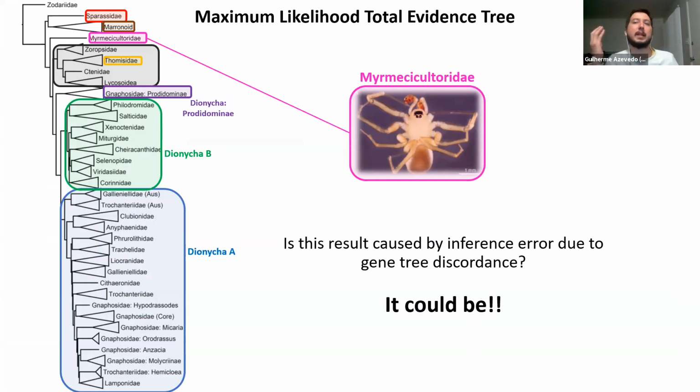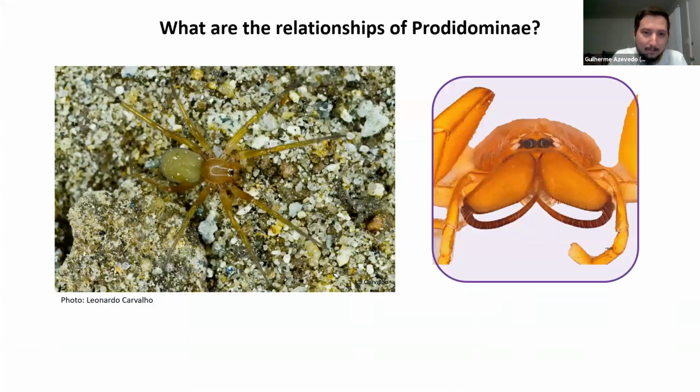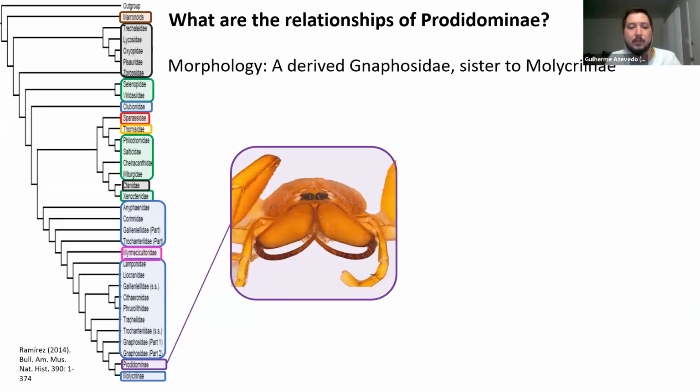And what about Prodidomini? What the hell are the prodidomids? Every work using morphology so far puts the Prodidomini inside Gnaphosidae or really close to Gnaphosidae, including the most recent one published by Bruno and Chris Hamilton.